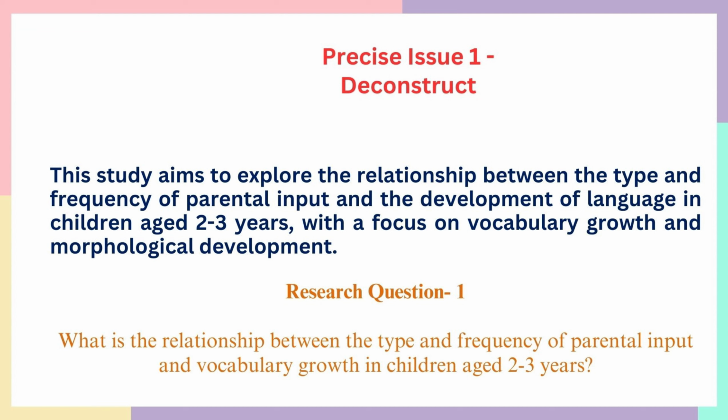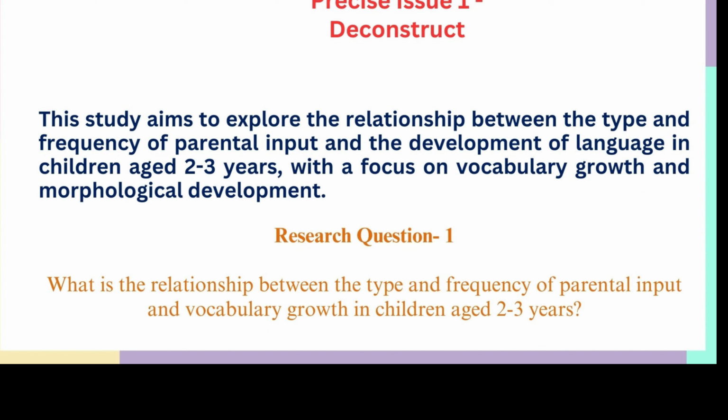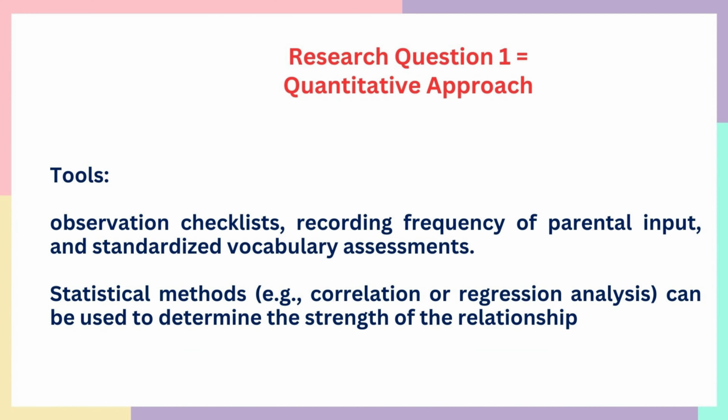So, the research question 1, which I discussed with you earlier, what's the relationship between the type and frequency of parental input and vocabulary growth in children aged 2 to 3 years? This aspect is quantitative, and will be explored through quantitative means, collecting data using quantitative data collection tools. So what will be the quantitative data collection tools?